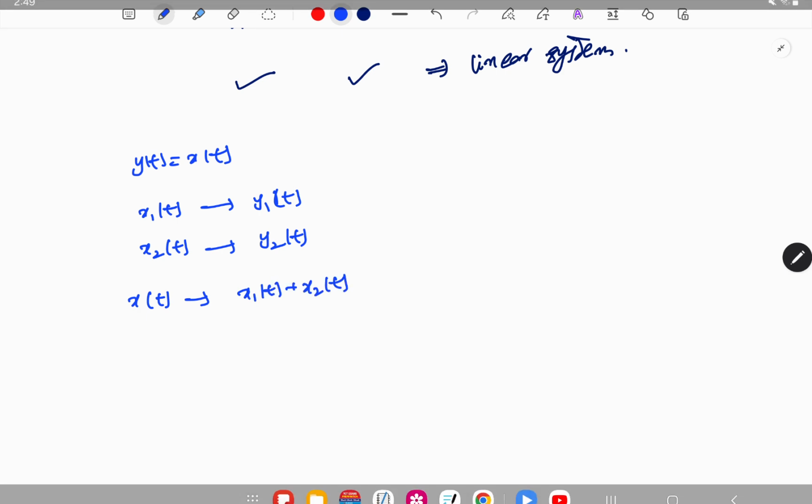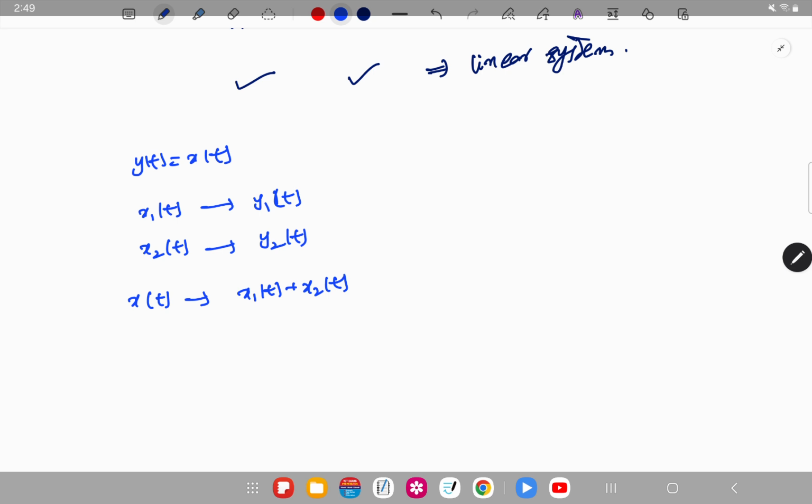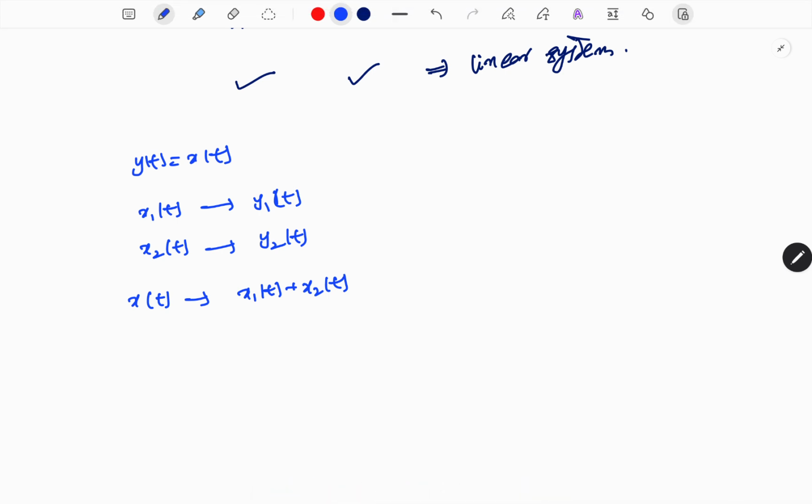Then the output y of t is the transfer function of x1 of t plus x2 of t, which equals y1 of t plus y2 of t.